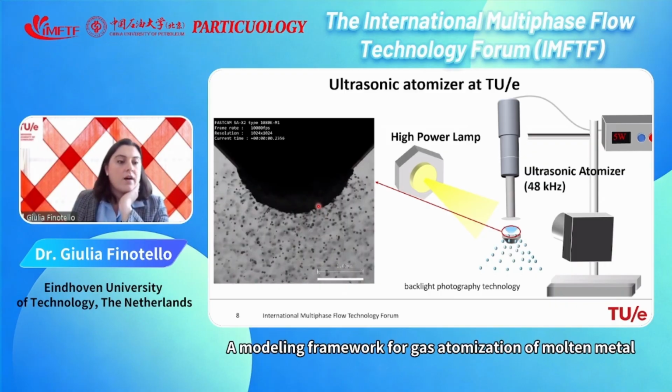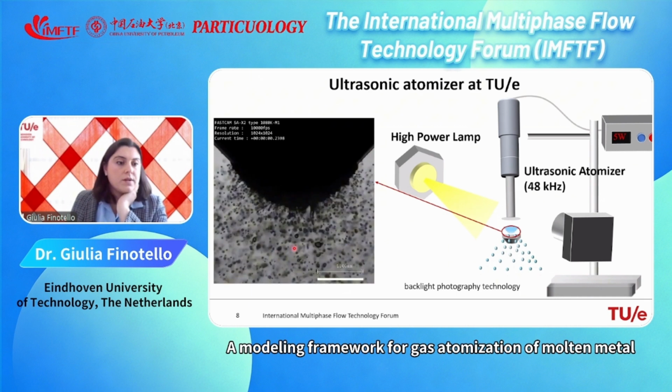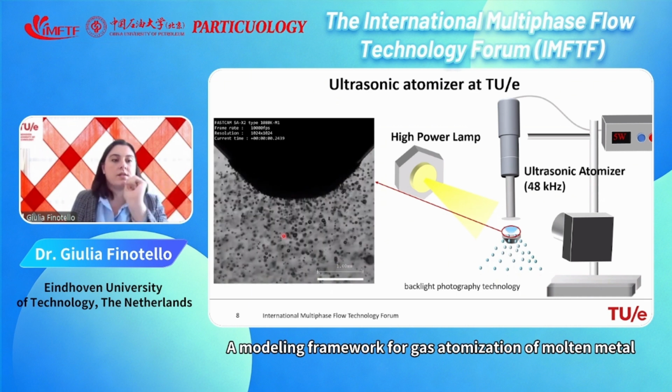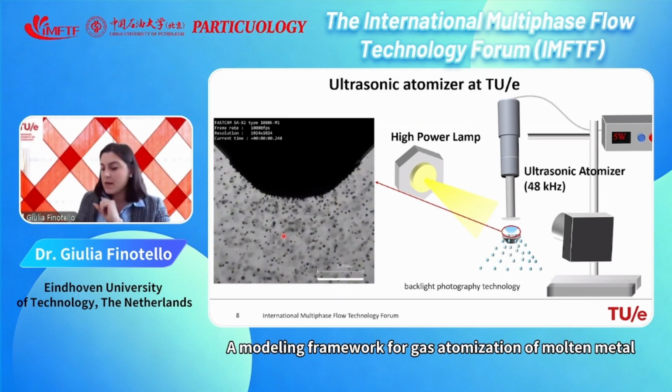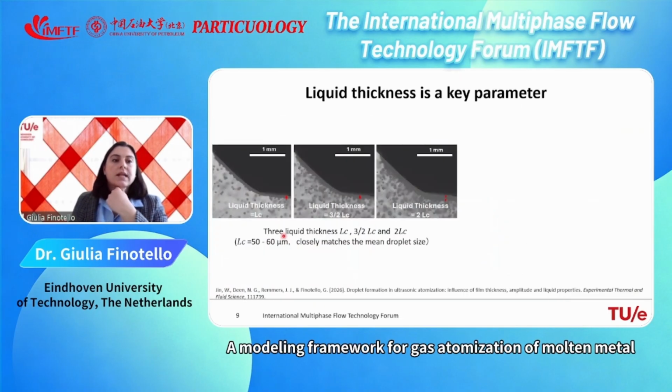They are of very small size, and depending on the liquid thickness, they are smaller or a little bit bigger. Indeed, what we found was that the liquid thickness is a really key parameter. In this image, you see an overimposed image of our nozzle tip.